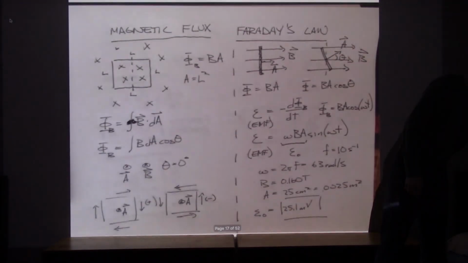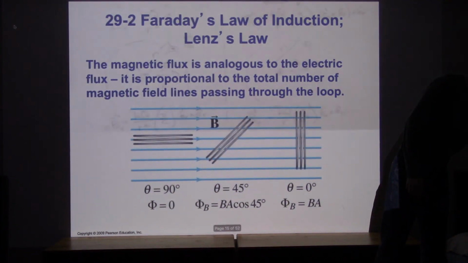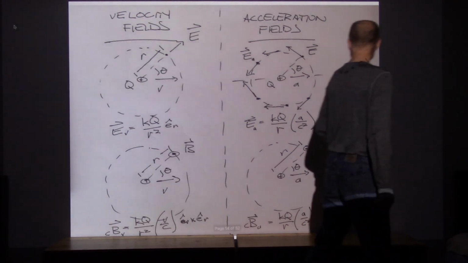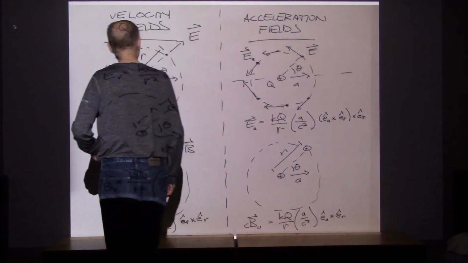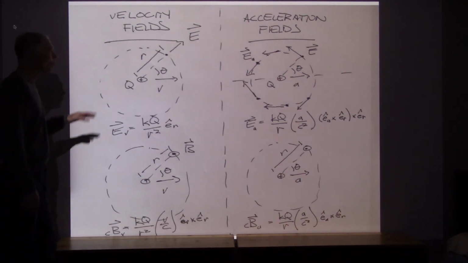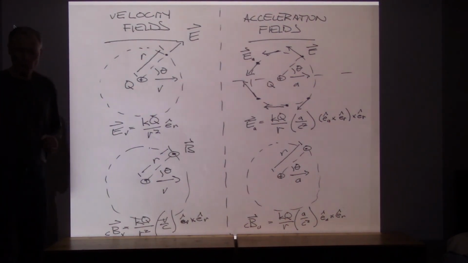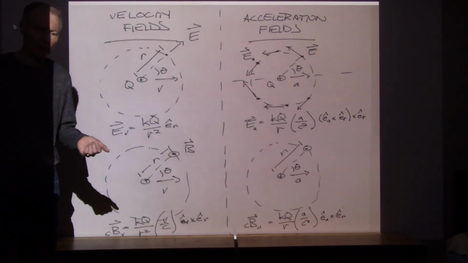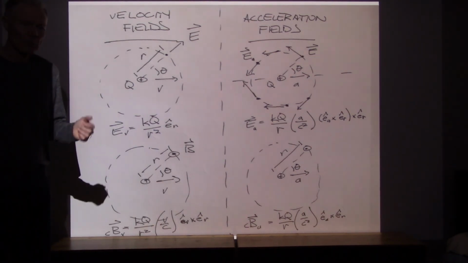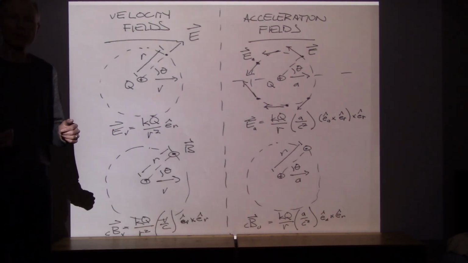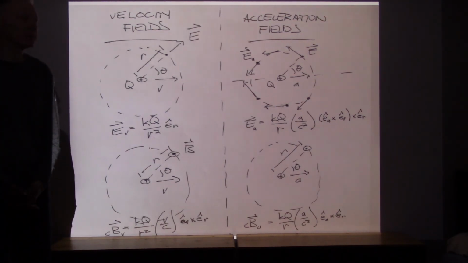So at this point, let's go back and take a look. I had put this slide aside for the time, but I do want to come back here because more and more as we get farther into this chapter, what we're going to run into is this issue of electric and magnetic fields, and what are all the different types of electric and magnetic fields that can be generated.